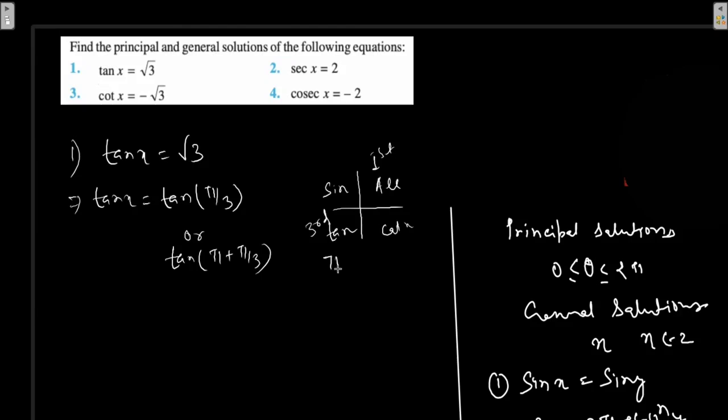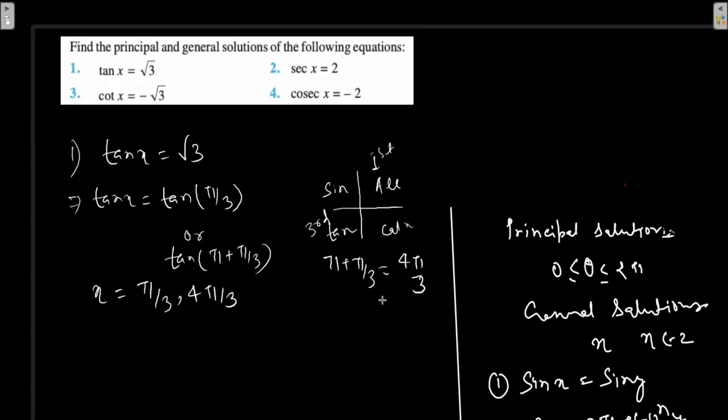And pi plus pi by 3 is nothing but 4 pi by 3. So in terms of principal solutions, x will be equal to pi by 3 and 4 pi by 3.